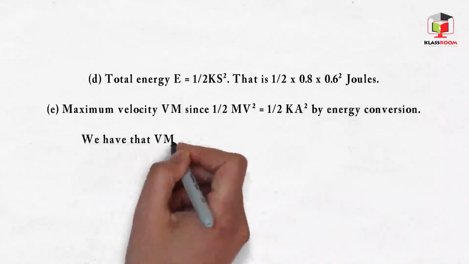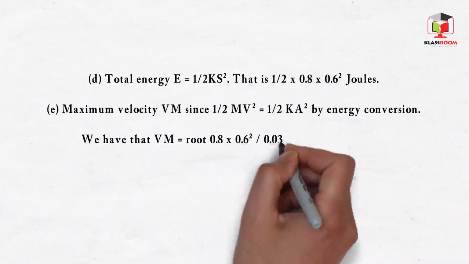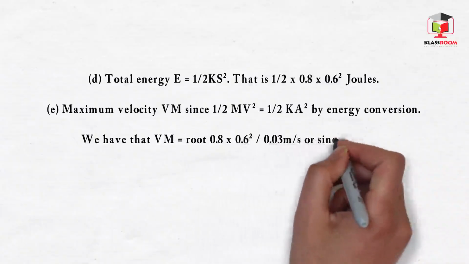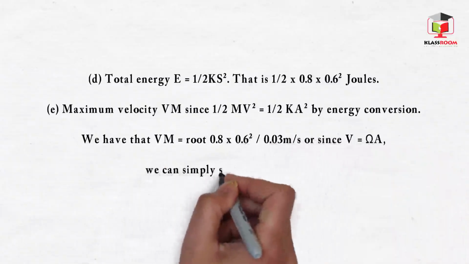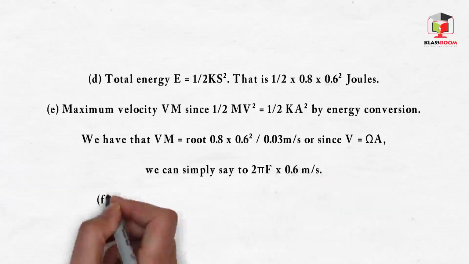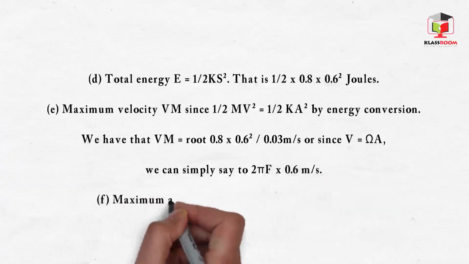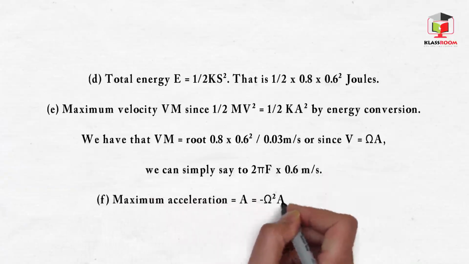Or, since v is equal to omega a, we can simply say 2 pi f times 0.6 meters per second. (f) Maximum acceleration. This is equal to a equals minus omega squared a equals 2 pi f squared times 0.6 meters per second squared.